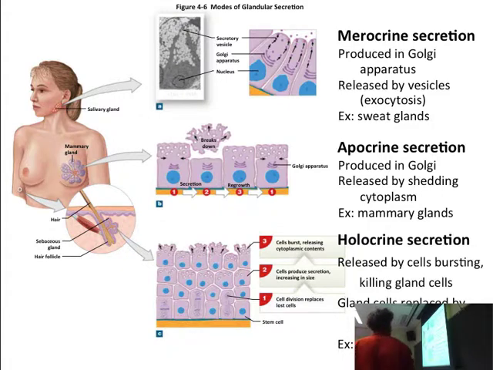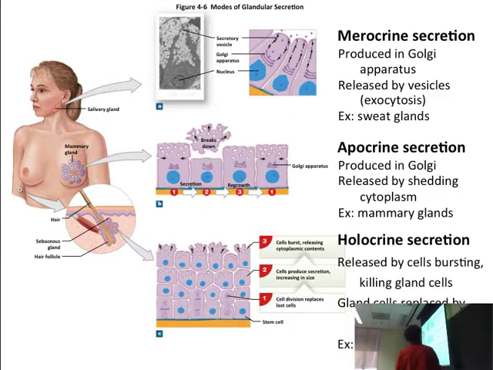Sweat. Just like full body, everywhere, sweat of your brow, sweat. Designed to cool you off. Designed to release mostly just water, but maybe some salt, etc. That's merocrine secretion.